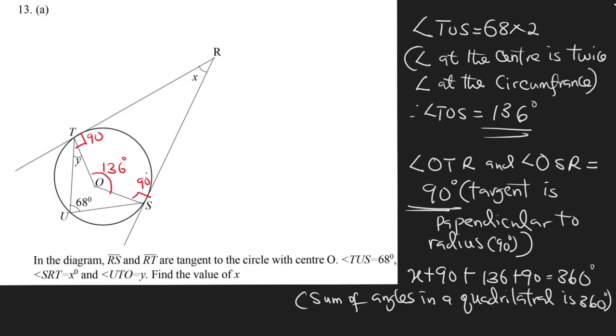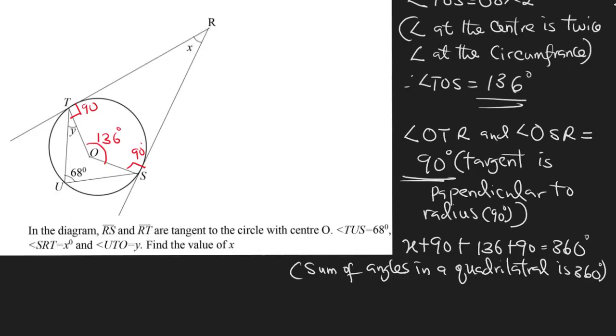So that is the theory, right? So now with this, we'll be able to get our x. So it's going to be 90 plus 136 plus 90.